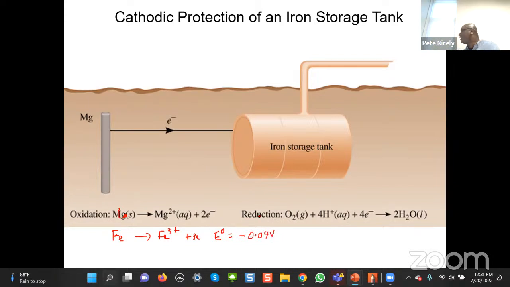And for the magnesium to magnesium 2+, according to the tables, the standard EMF value, E0, would be equal to plus 2.36.